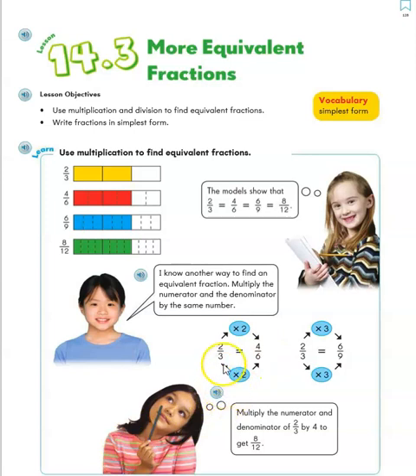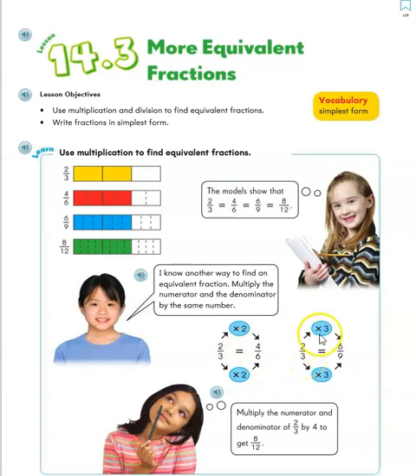So we can see here, 2 times 2, of course, is 4, and 3 times 2 is 6. So this right here, we just found an equivalent fraction. So that means 2/3 is equivalent to 4/6. Okay, and then over here, we have our 2/3 to start with.